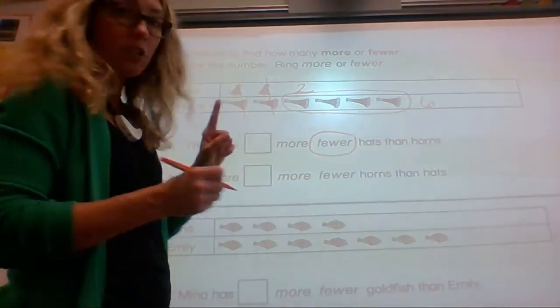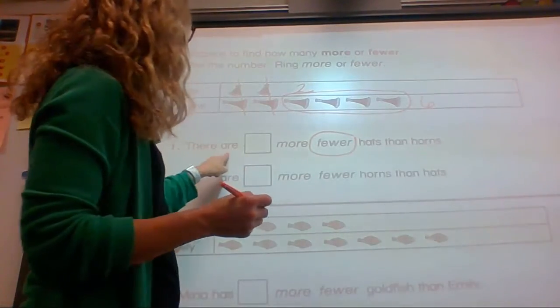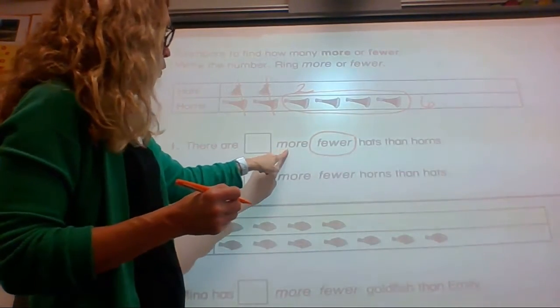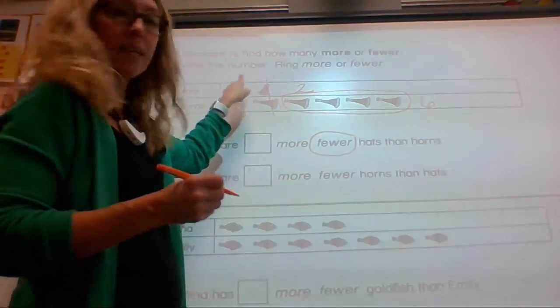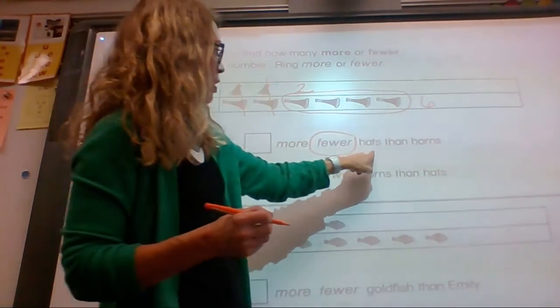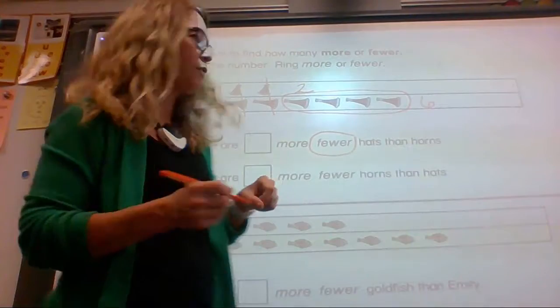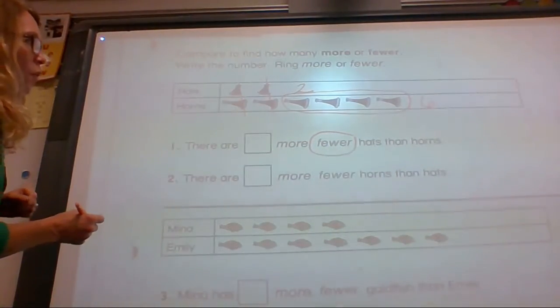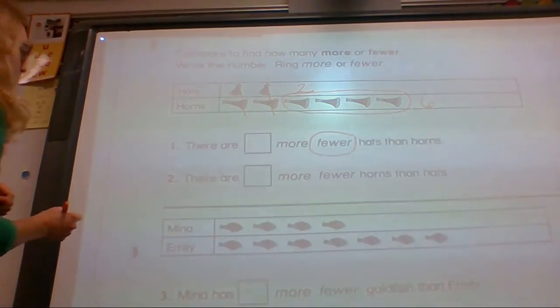Okay? You could also turn it around and say there are 4 more horns than hats. But based on this question, they want us to know hats first, okay? So there are 4 fewer hats than horns.